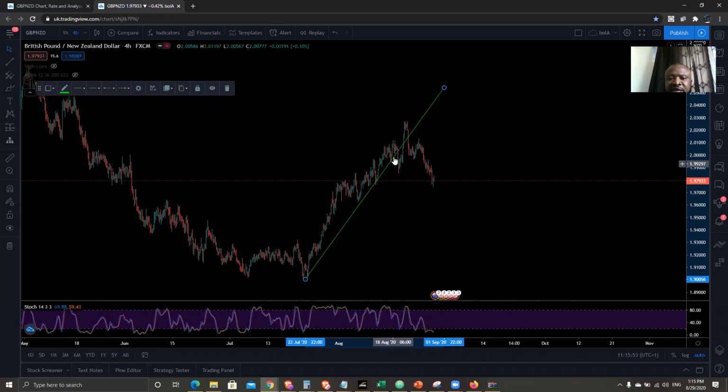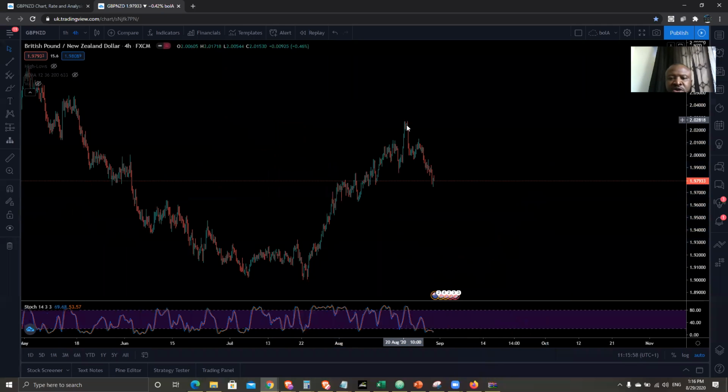We kind of see a potential reversal pattern as well, which means this trend up gives us this potential reversal pattern, right shoulder, head, and left shoulder, and price is falling. So this trend up has been invalidated.